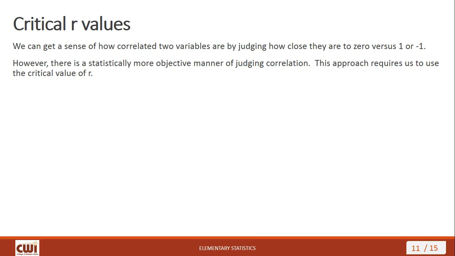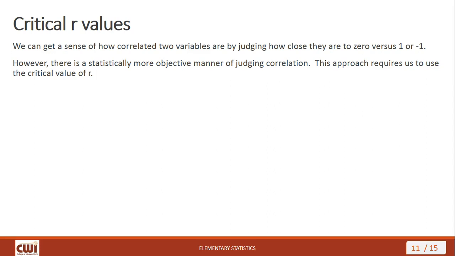And in many respects, it's kind of like when we were looking at the histograms and trying to figure out, okay, we'd say that this is normally distributed data, and we try to look for that approximate bell-shaped curve. But the more objective means of assessing normality is with a normal quantile plot. So we have a similar situation when assessing correlation. And the equivalent of the normal quantile plot for correlation is the critical R value.